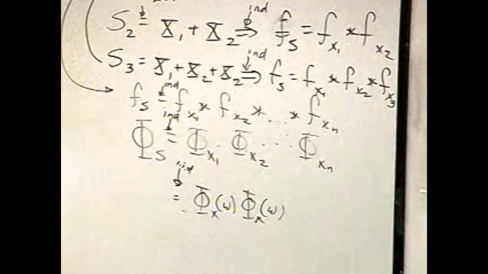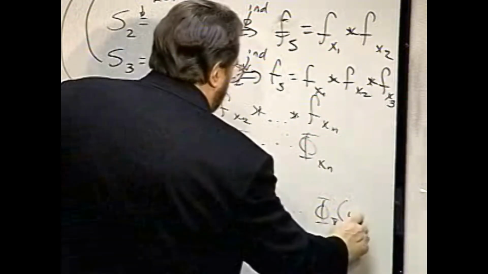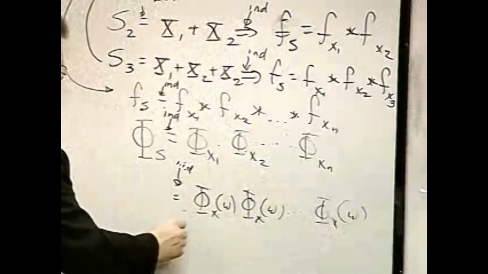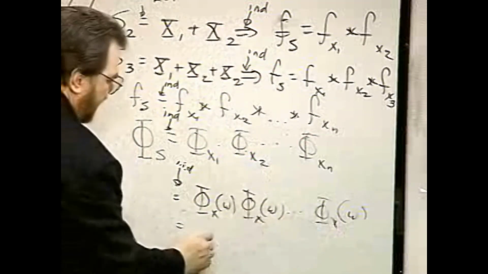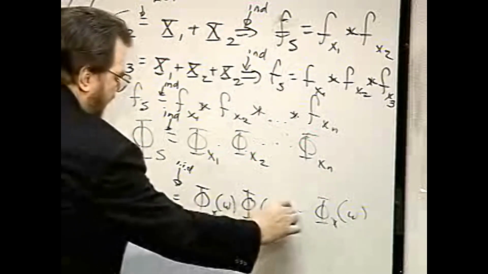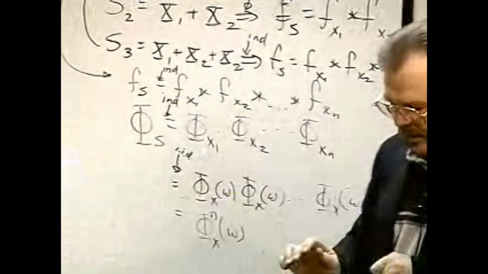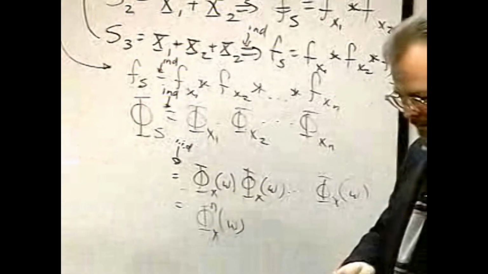Because they're identically distributed, so they all have the same density functions and the same characteristic functions. And so clearly this is nothing more than taking the characteristic function for x, and since we have n terms here, we're raising it to the nth power. Hence the equation that I have on the PowerPoint slide.